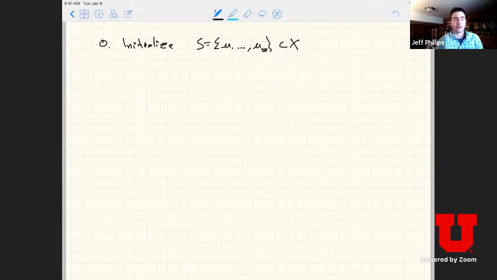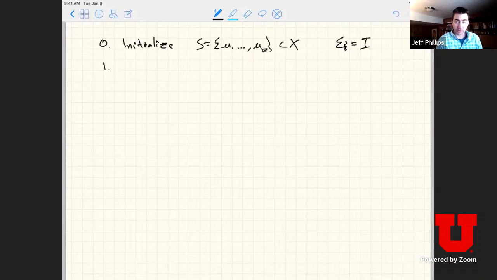So these are the initial centers, and we'll set sigma_i equal to the identity for all of them, because we don't know anything about the covariance yet.